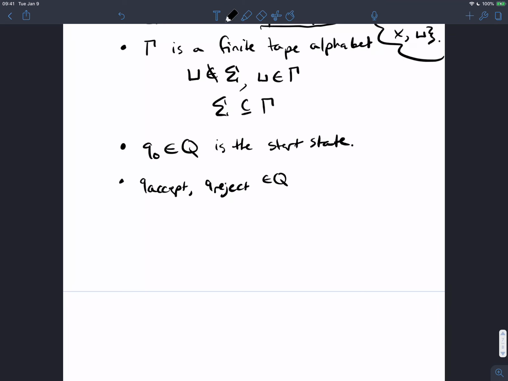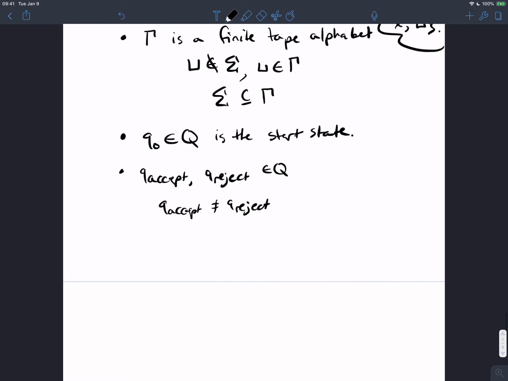No, because I need to differentiate between when I want to accept or say yes versus when I want to reject or say no. So we need to say that Q accept is not equal to Q reject. This is what I was just saying about different state names being the same state. If we didn't say that, then we could have a state that's both the accept and the reject state simultaneously, which obviously makes no sense. Okay, does that make sense?